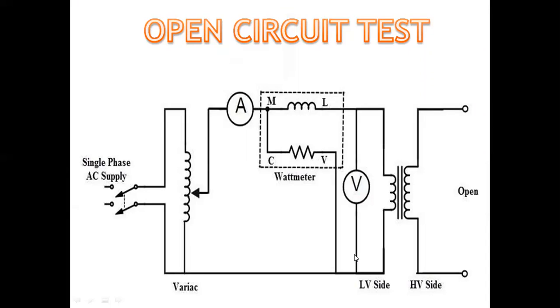There is a wattmeter that is connected. This voltmeter is responsible for determining the voltage, and this is the ammeter, which is responsible for determining the current passing through the transformer.